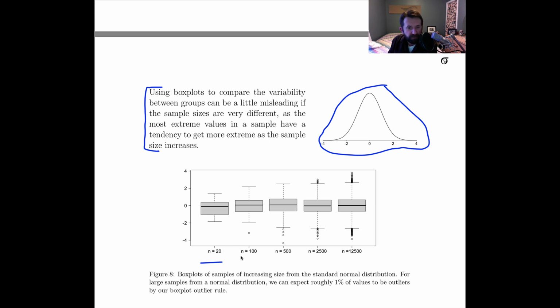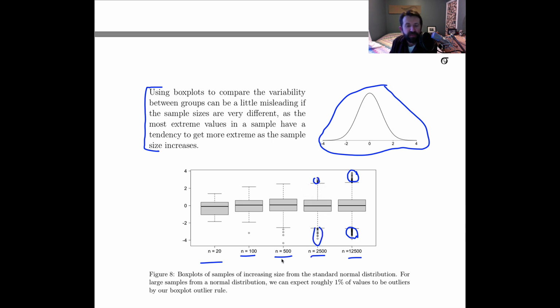If I draw a random sample of 100 observations, it looks like that. Now 500, 2,500, and 12,500. And one of the things that's most evident here is when we have 12,500, we have a lot of outliers. At 2,500, you've got a lot of outliers too, right?